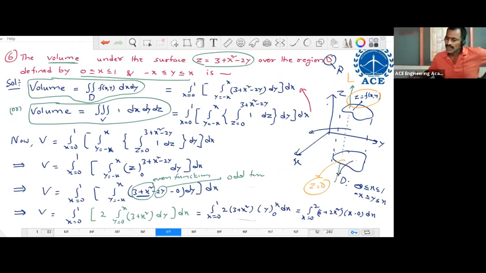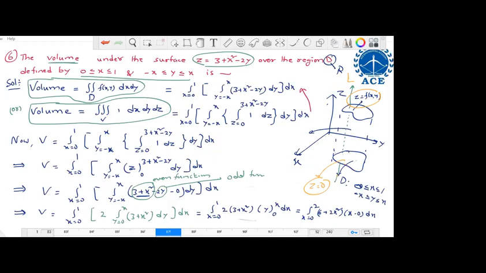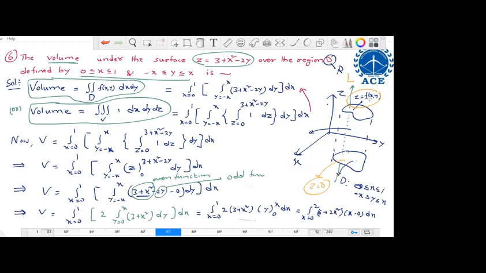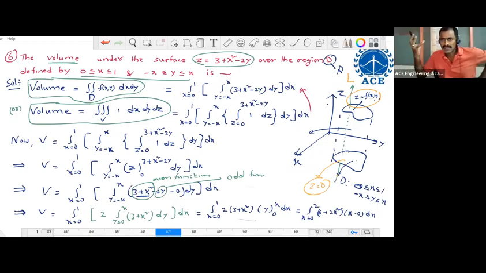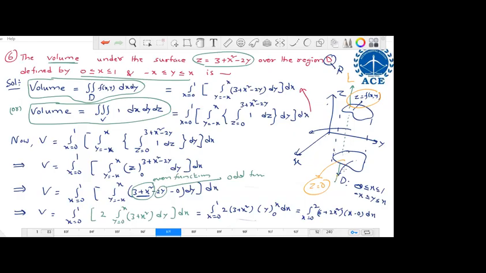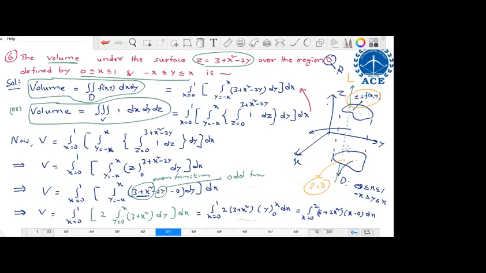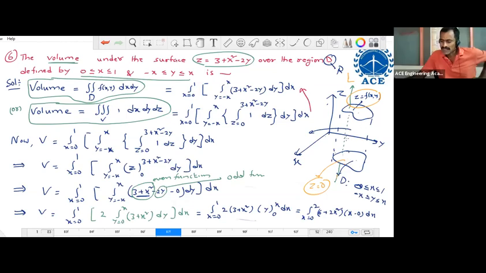While discussing the double integral, I told that z equal to f of x, y is the surface of some object in space. We take the projection of that object onto the xy plane. When you take the projection of this object onto the plane, under this object, above the projection, we get some space region.